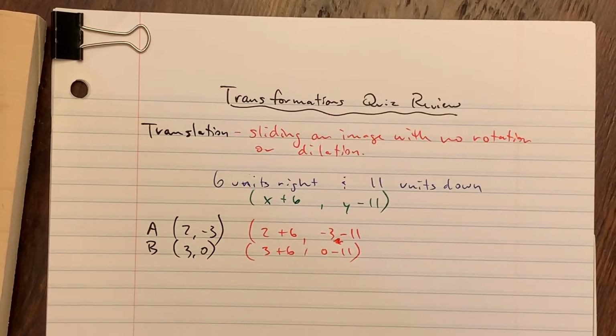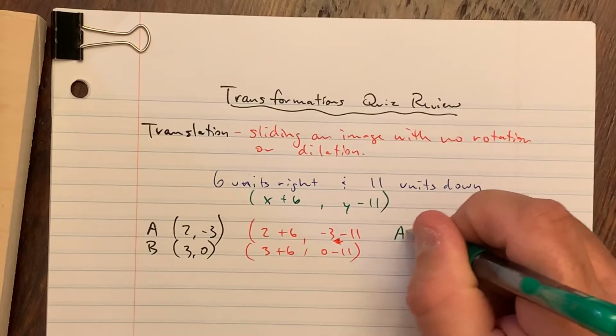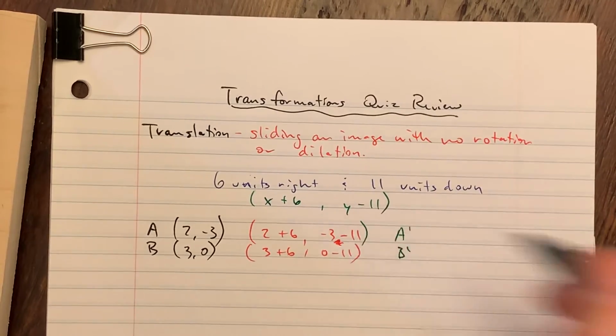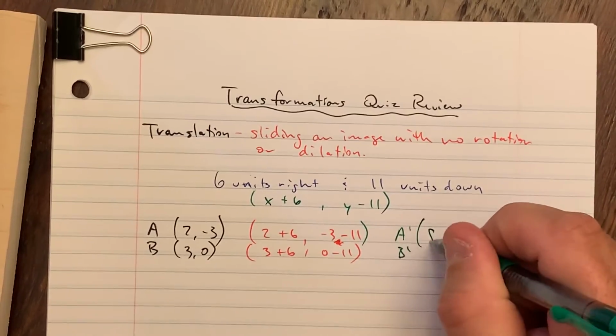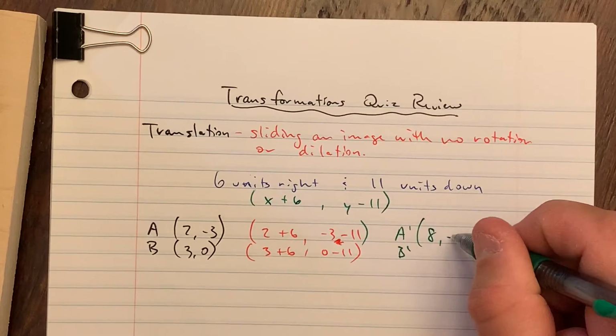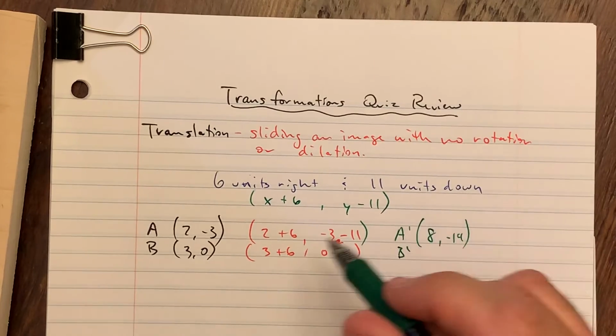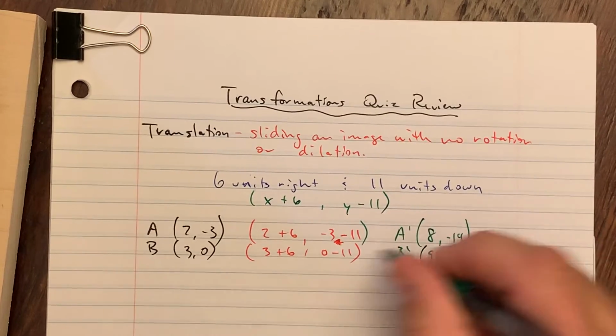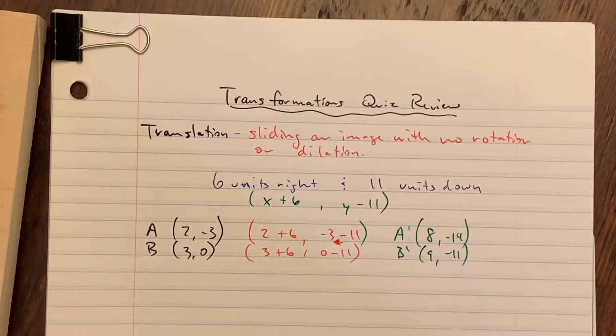And that's going to give me my new points, A prime, B prime. 2 plus 6 is 8. -3 minus 11 is -14. So that's my A prime. 3 plus 6 is 9. 0 minus 11 is -11.